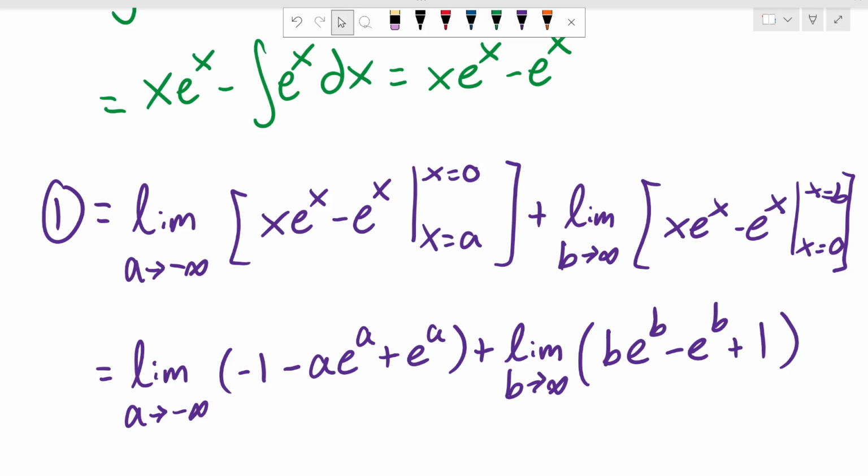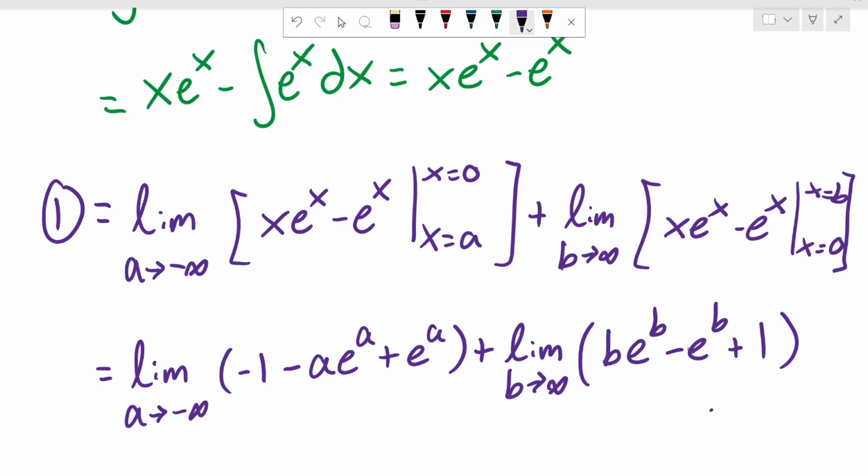So another trick with these is that if any individual term is going to infinity, then the entire thing is going to be divergent, because there's no getting an infinity for this e to the b, for example. This is going to be infinity. And e to the a is going to be e to the negative infinity, so that'll be 0.